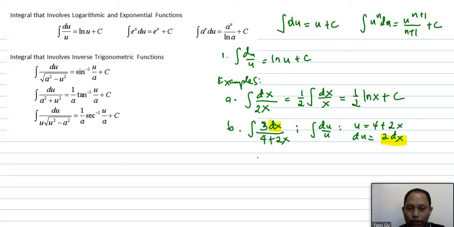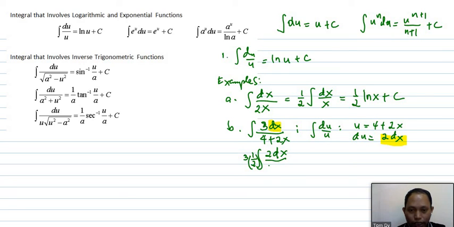So we will rewrite this: instead of dx, we will write here 2 dx. Since we write here 2 dx, then we will write here its reciprocal, that is 1/2. This is under u substitution from my previous video.